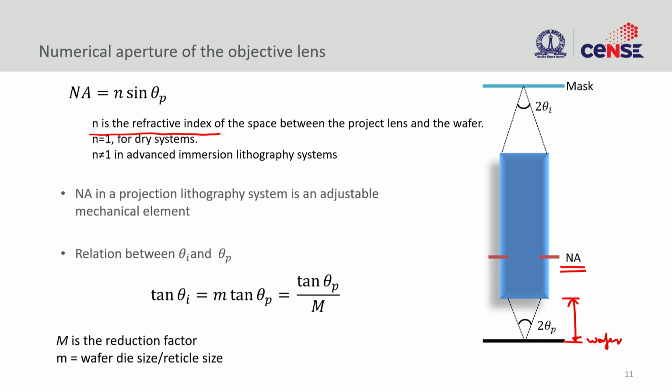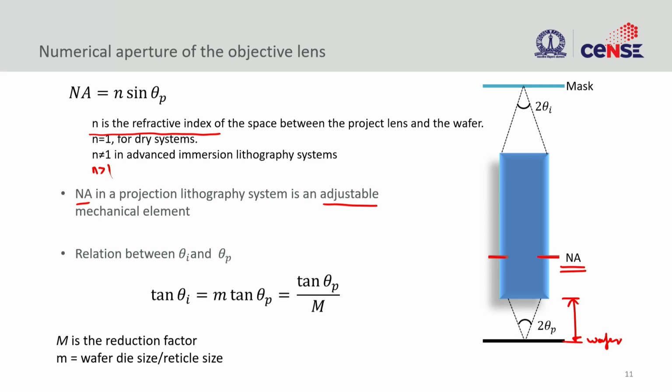So there it's not anymore air, so we add some liquid into it, so it's not 1, it's going to be greater than 1, to be precise here. This can be greater than 1 if you put water or oil or something. And here the NA is tunable, it's adjustable. In most of the systems, this is a mechanical blanker, and we should be able to blank the beams between these.